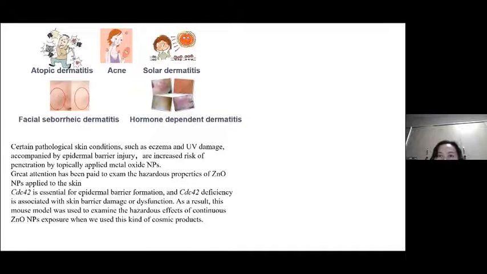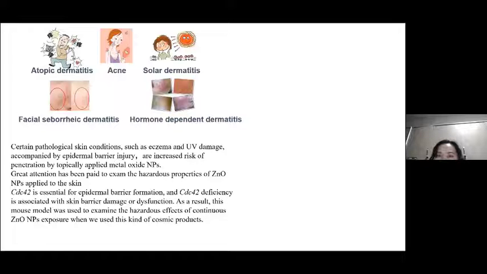In our group, we have constructed CDC42 deficiency mice by the keratin 5 promoter, and we have proved that CDC42 is very important for skin barrier formation, and that CDC42 deficiency is closely associated with skin barrier damage.